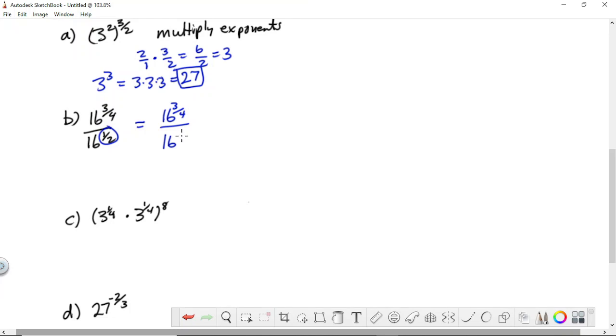So 1/2 is 2/4, the same thing, but now we have a common denominator with the 3/4 and the 2/4. We can subtract them. 3/4 minus 2/4 is 1/4. And so that is the exponent on 16 when we're done. So now we just have to take the 4th root of 16.